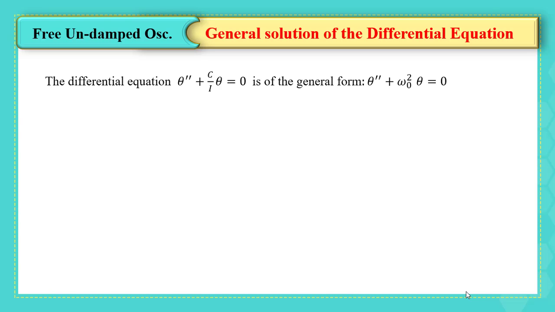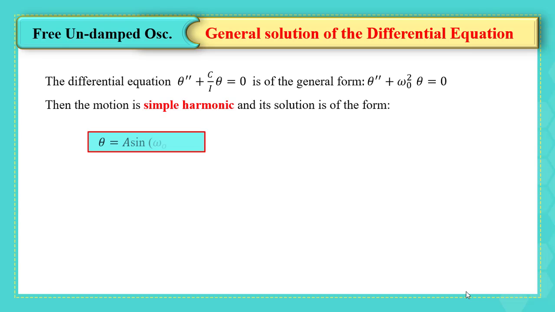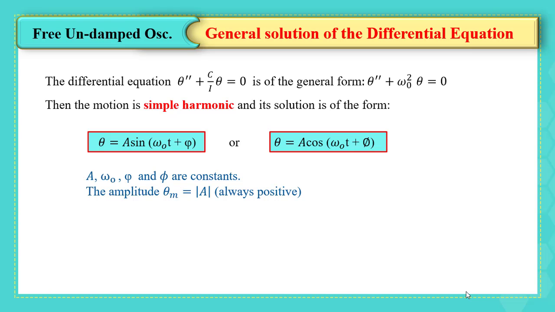This differential equation is of the form theta double prime plus omega 0 squared theta, which is for the simple harmonic motion. Then it has a solution either theta equals a sine omega 0 t plus phi, or theta equals a cosine omega 0 t plus phi, such that a, omega 0, phi are constants. Theta maximum is always positive.